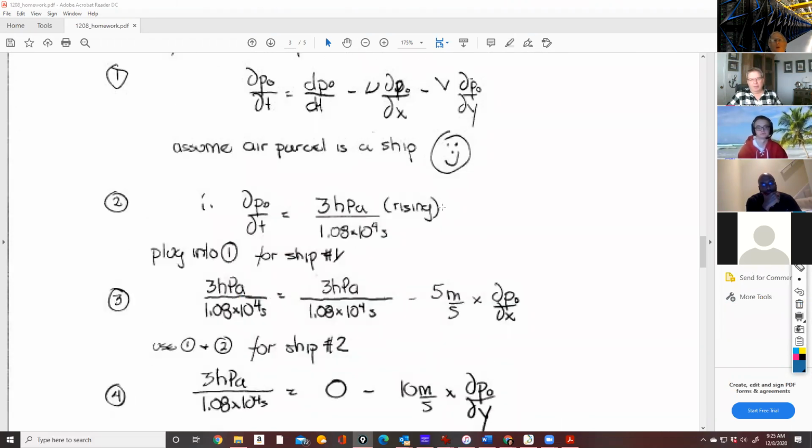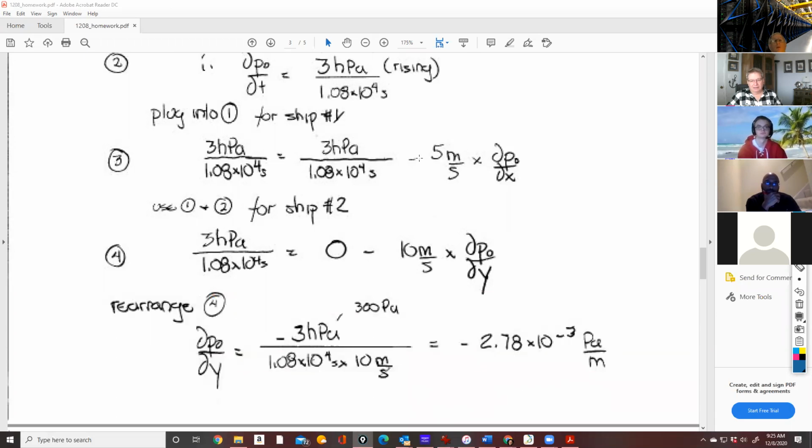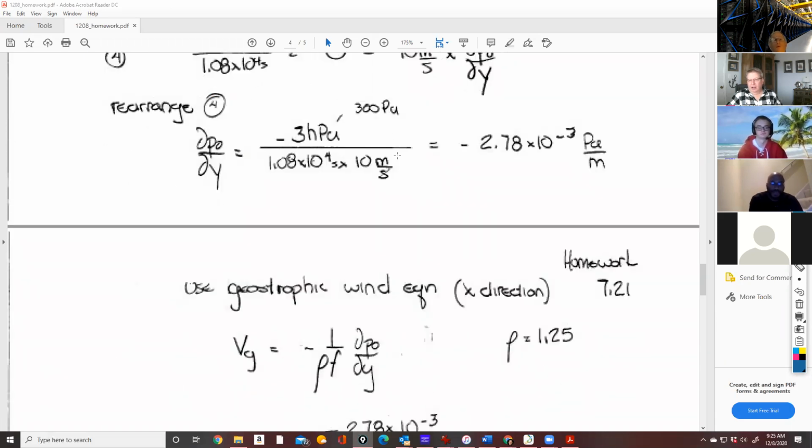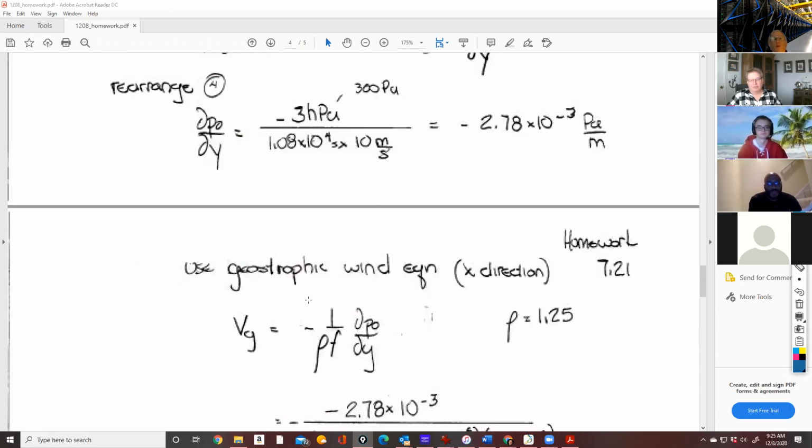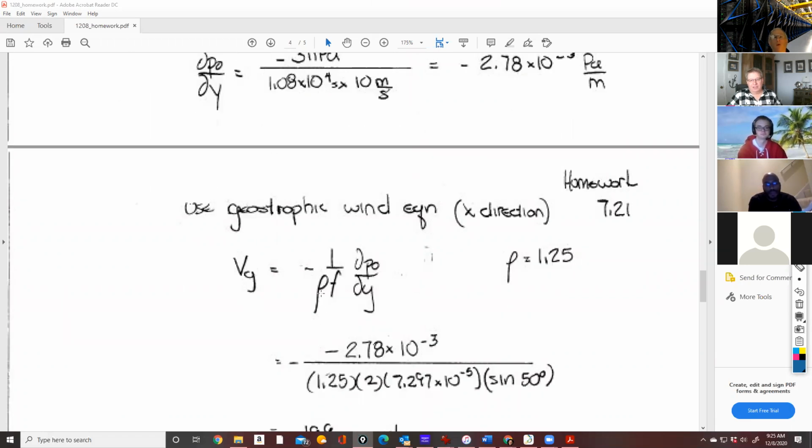So we get the same thing. Assume the air parcel is a ship, which is exactly right. And you get all this. Once you get the pressure gradient force, you know where you're at. Here you're using the density. Did they give you the density? No. I kind of cheated and used 1.25.